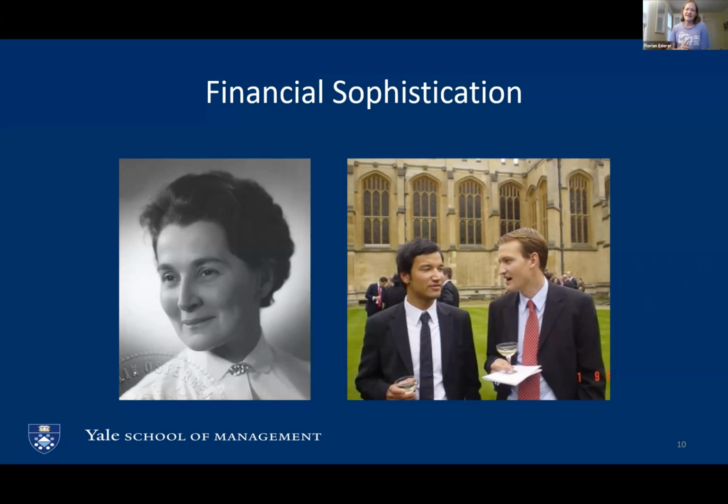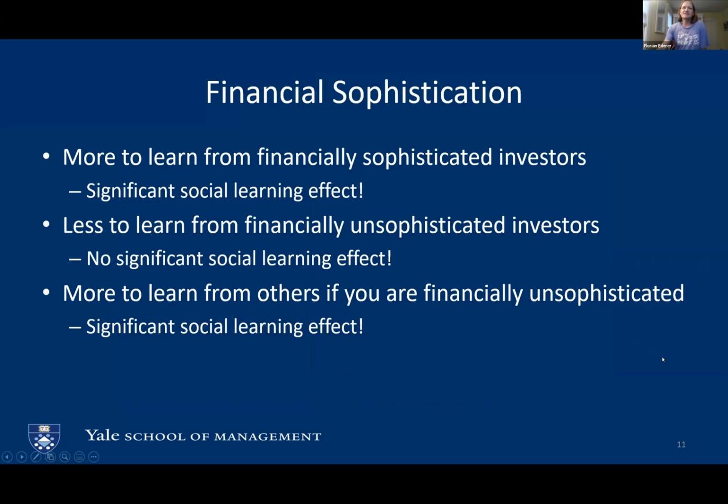If you're interested in that, that's in online appendix A, I think, of the published version. We then had the predictions like, well, there's more to learn from a financially sophisticated investor. There should be a significant social learning effect because if I observe what my brother is doing or I hear about what my brother wanted to invest in, that has a big informational content.